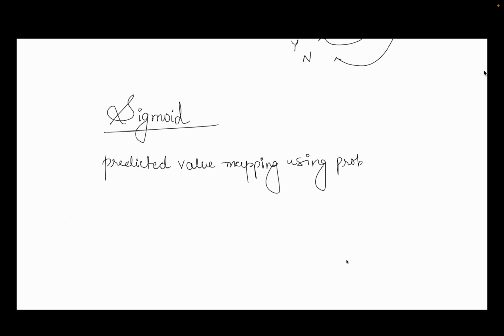Okay, this is the first point. Whatever your predicted value is, it is going to map it between the range of 0 to 1, and we consider that as the probability.